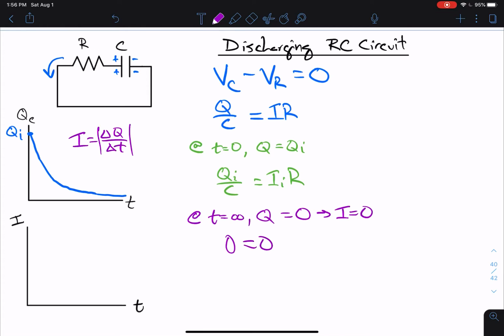It's essentially the absolute value of the slope of this graph. And the slope is quite high. So I'm looking at this graph here. The slope is quite high, or I should say is quite steep. And then it becomes shallow. It flattens out. So that means the current is going to start out high.